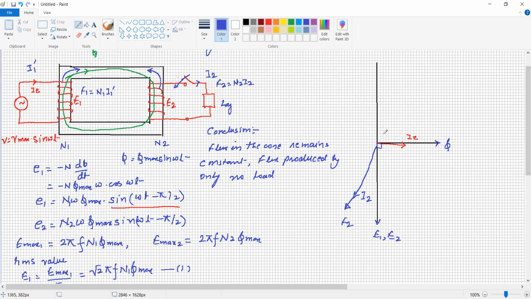To counterbalance this, there is a current I1 in the primary side. It is I1 dash, and this additional current combined is I1. So this current is I1.